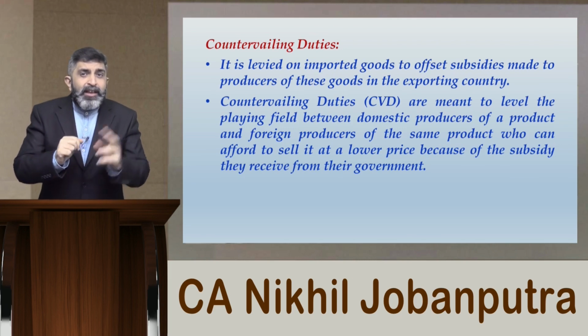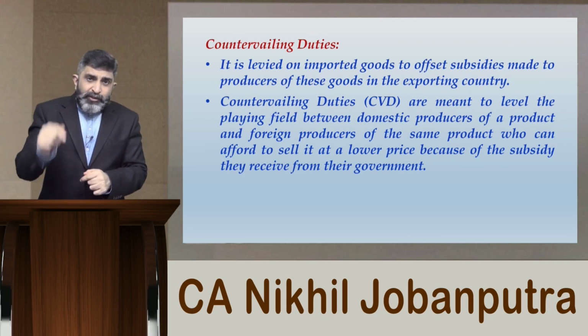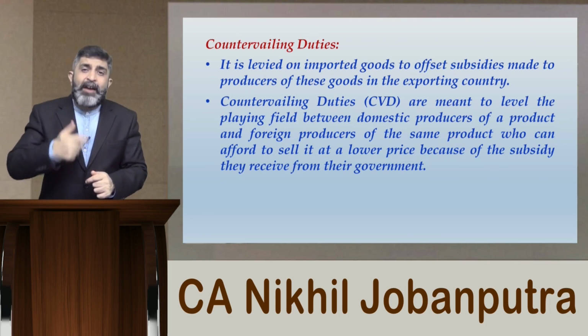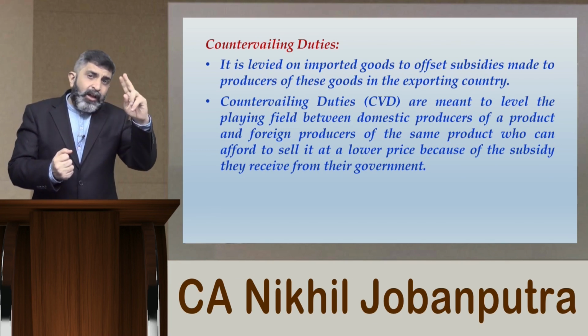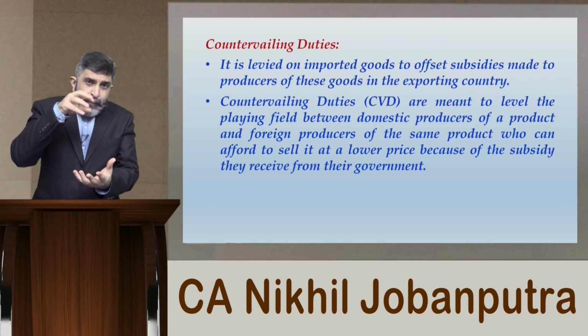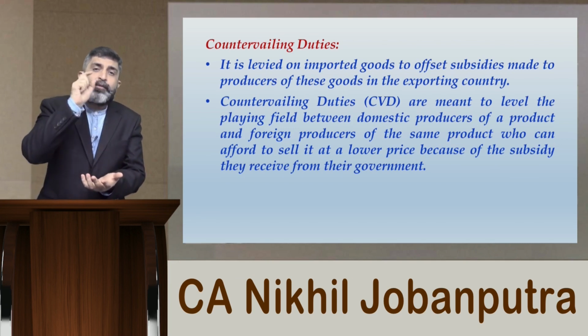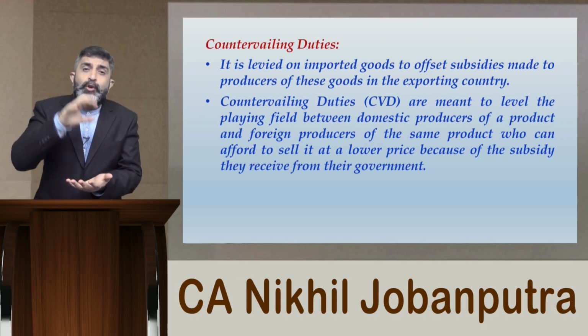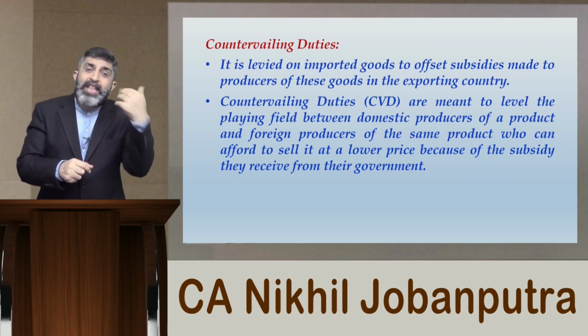So what is happening? In India it is getting imported at a lower value, whereas the manufacturers in India have high manufacturing cost. So the point is not that the foreign suppliers could be producing it at a lower manufacturing cost. The cost of their overall export is lower because of the benefit that their government is providing to them.